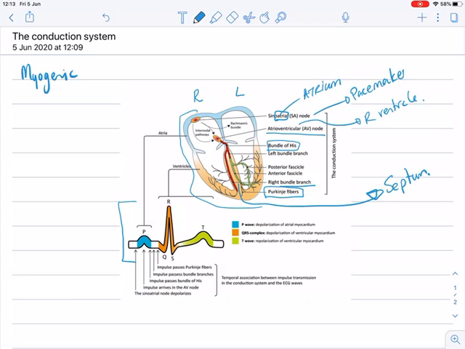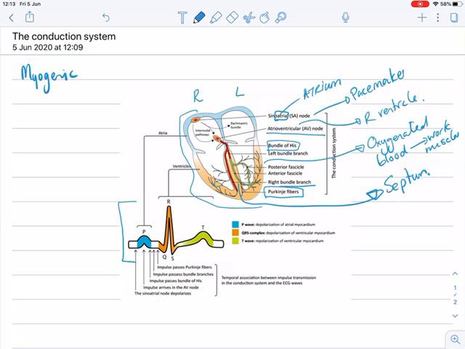Now you can see that the density level of the Purkinje fibres on the right side of the heart is significantly lower than that on the left-hand side of the heart. And the reason for that is because this left-hand side of the heart is oxygenated blood, and it is heading to working muscles. So it needs a really strong contraction to be able to travel that distance.